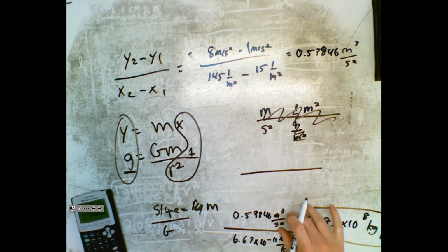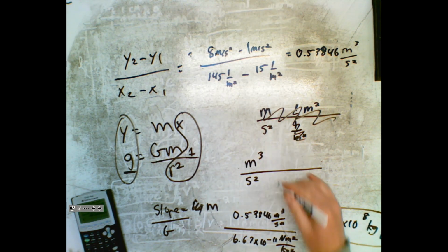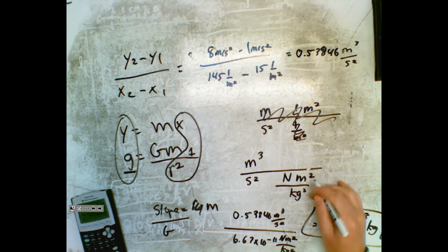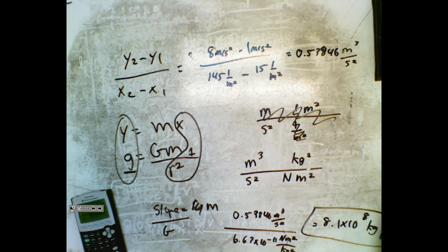Right. So on top we have meters cubed per second squared, and on the bottom we have Newton meters squared per kilogram squared. So I can move the kilogram squared up to the top like that. And I also know with F equals ma that a Newton is equal to a kilogram meter per second squared.